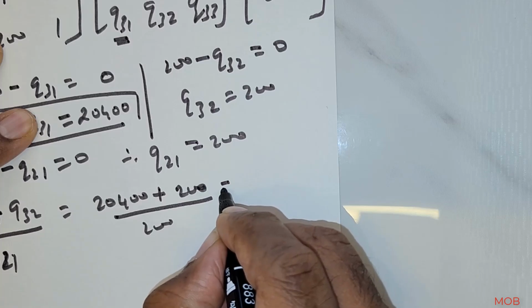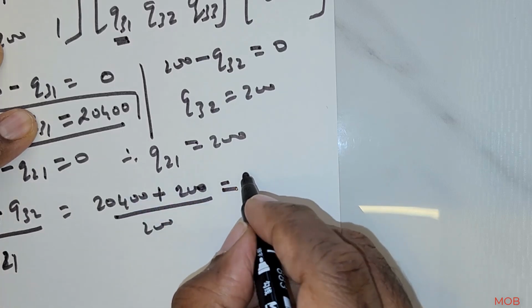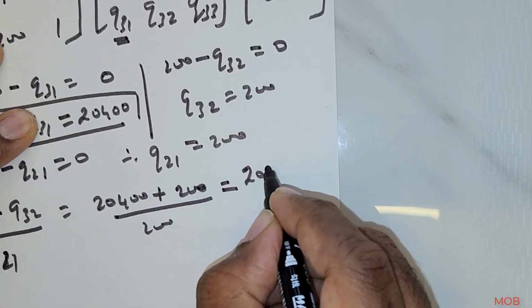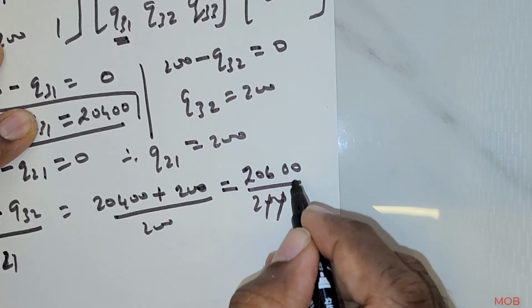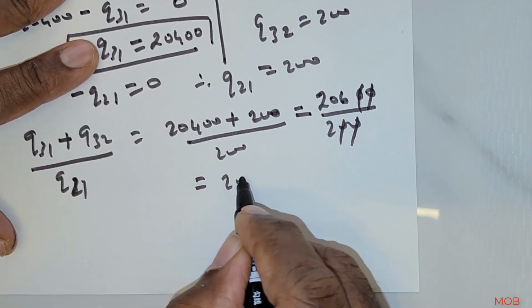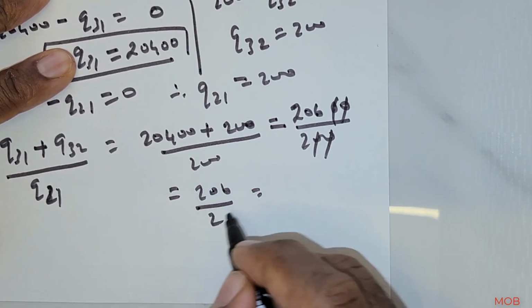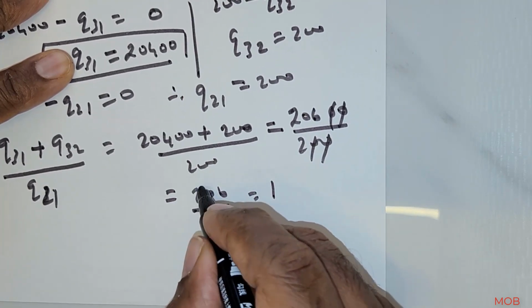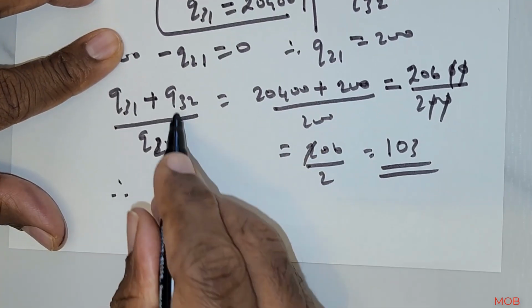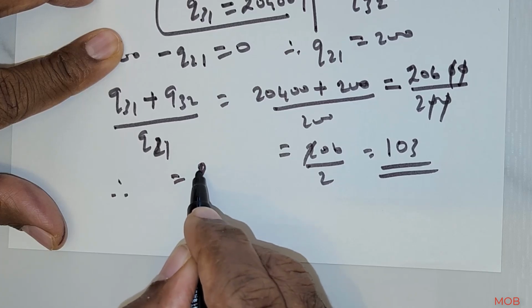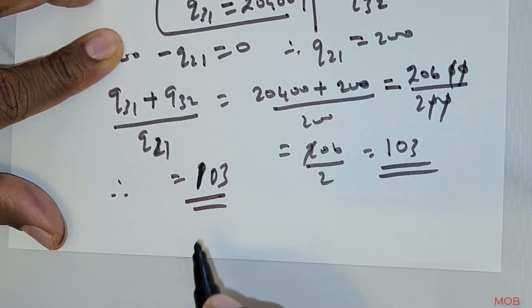So you add up these two things, you get 20600 divided by 200. The 0s get cancelled. So you have 206 divided by 2, which is equal to 103. So that's the solution for this question.